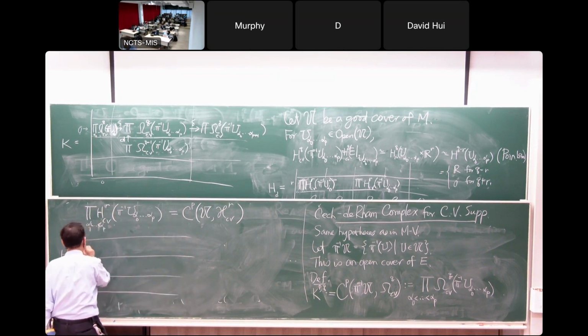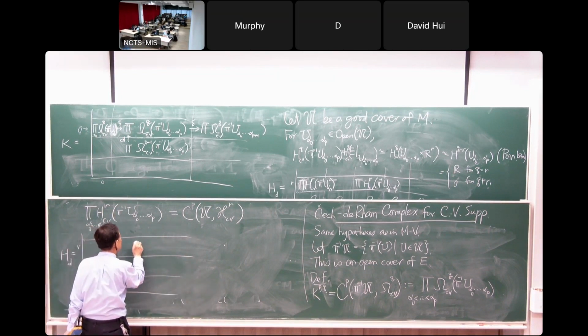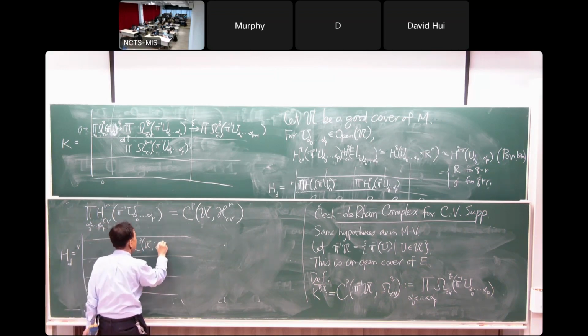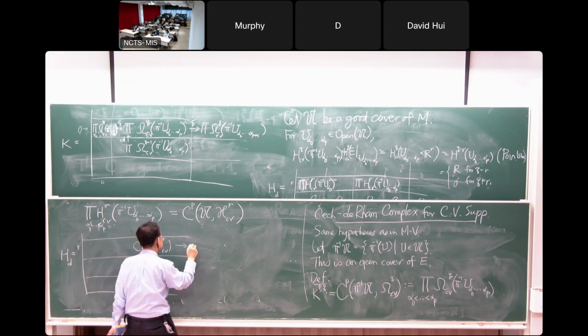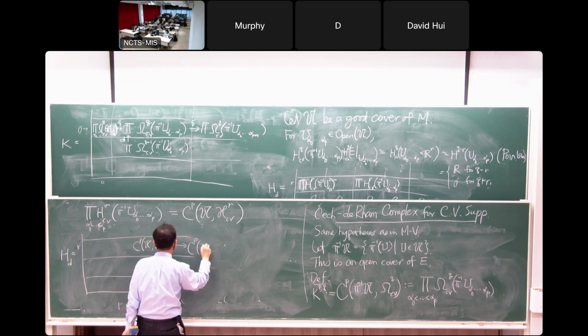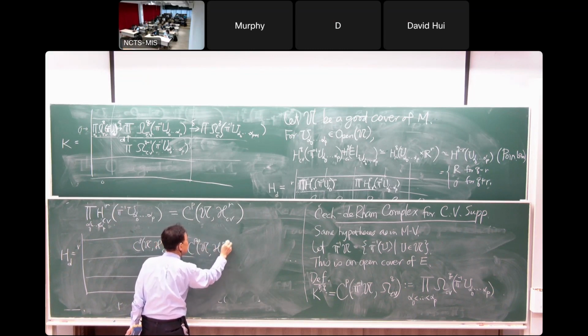In the rth row, you have C^p of U, H^r(pi inverse) going to C^(p+1) of U, H^r(pi inverse).